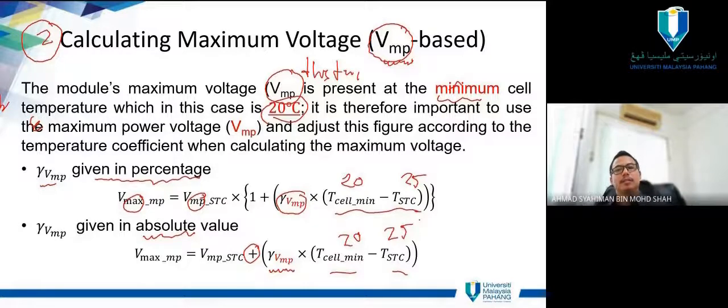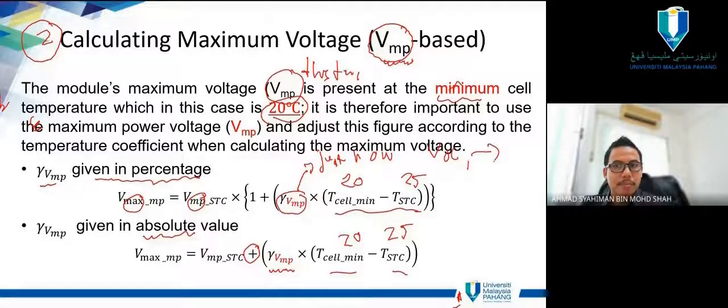Just now it was VOC, but this time kita guna VMP. Means we need to have the temperature coefficient of VMP. Now we need to have the value of VMP lah.